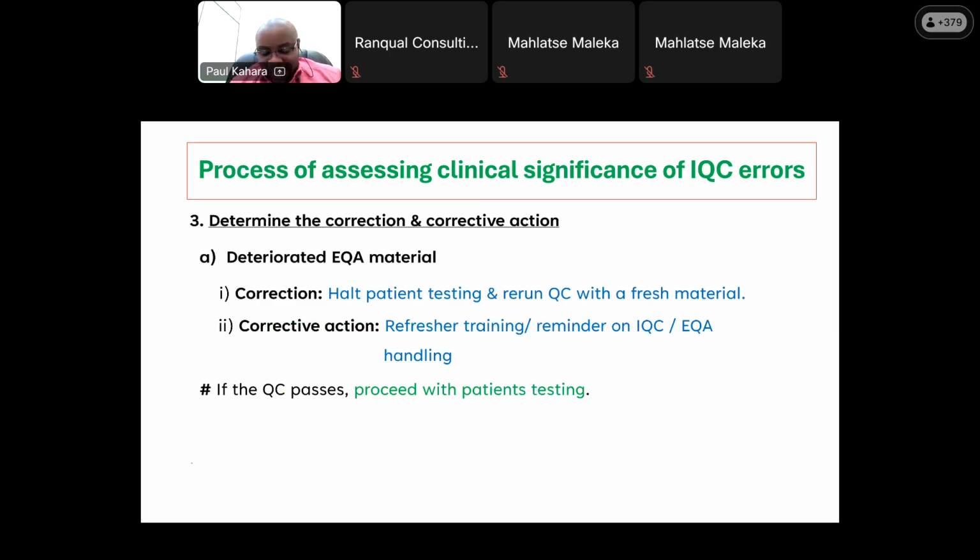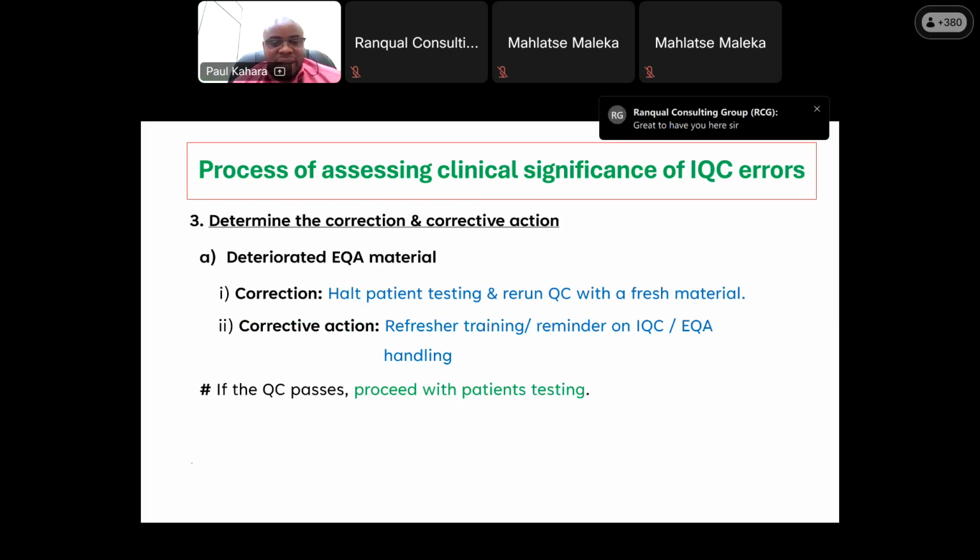But then the third stage in this process of assessing clinical significance is determination and implementation of correction and corrective action. If the issue was, let's say, deteriorated IQC material, you'll go ahead and initiate a correction.